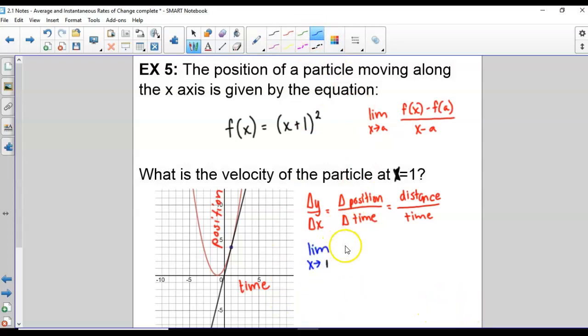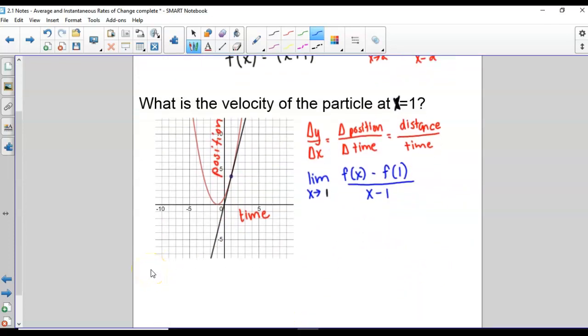So that means we'll have f of x minus f of 1 all over x minus 1. Whatever point you're looking at, that is your a. And that would change if I wanted the velocity of the particle at x equals 2 or at x equals negative 5.